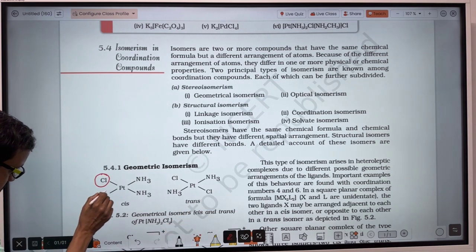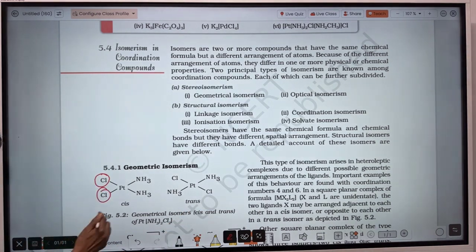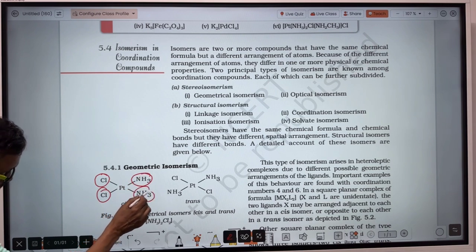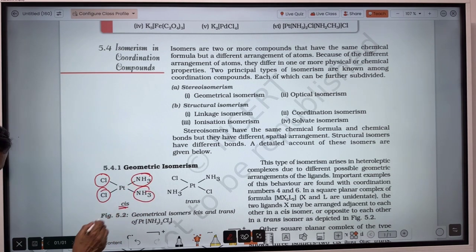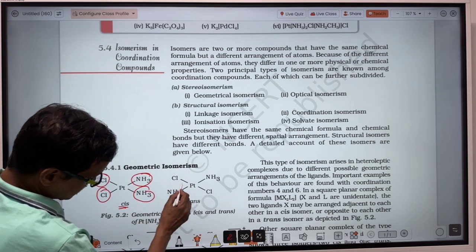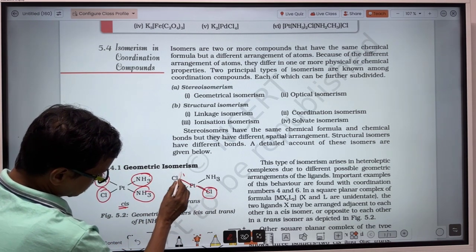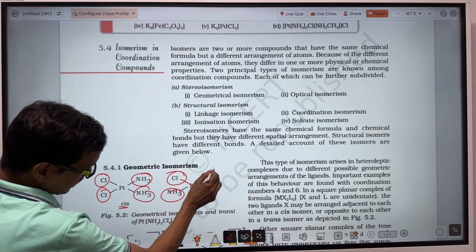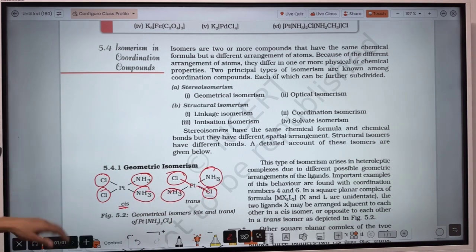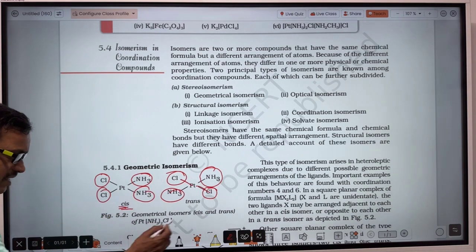Here this chlorine and this chlorine are towards the left-hand side, and this ammonia and this ammonia are both towards the right-hand side. So it will be called cis. And in this molecule, this chlorine and this chlorine are opposite to each other, and this ammonia and this ammonia are opposite to each other. So this one is the cis isomer, this one is the trans isomer.